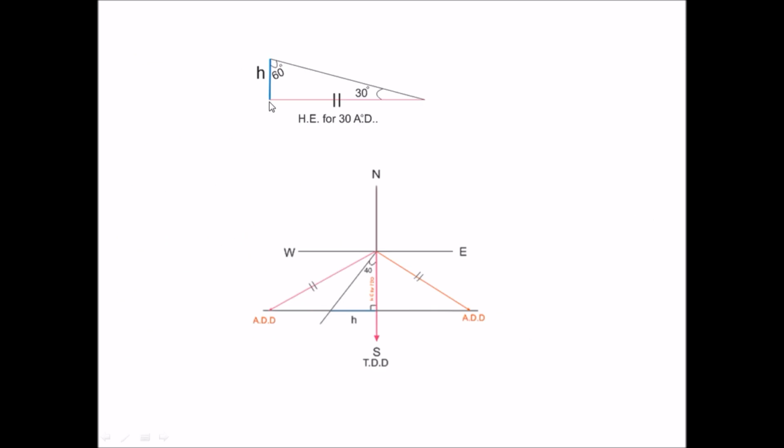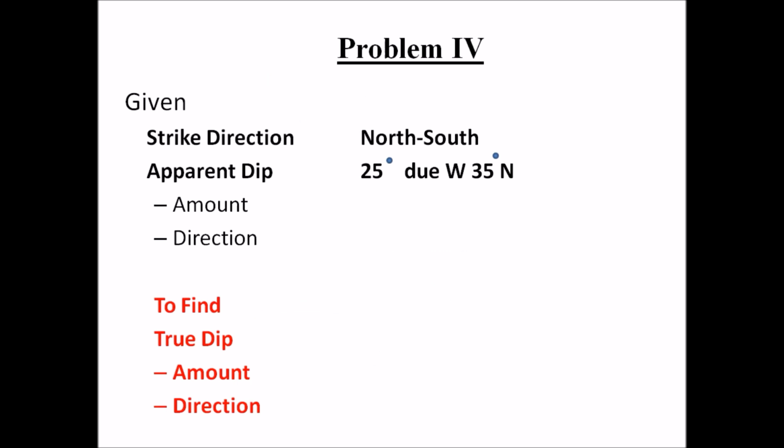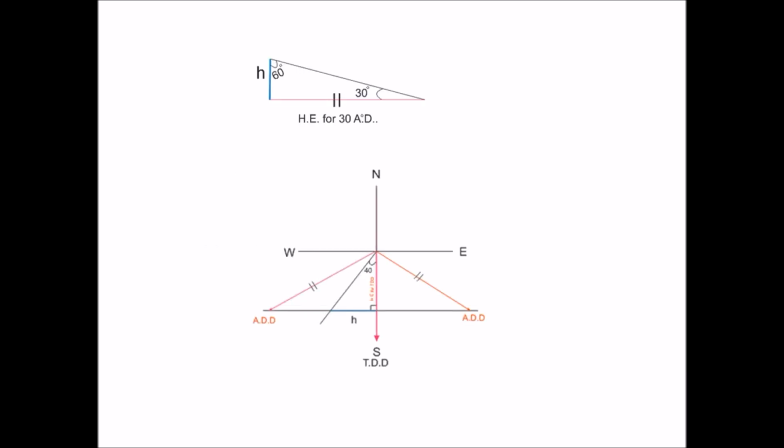So separately here we draw a line on which the horizontal equivalent will be lying, and we take the same H as was taken for the true dip. Knowing that the apparent dip is 30 degrees, we draw an angle of 60 degrees here, and this will result in giving us this angle of 30 degrees.